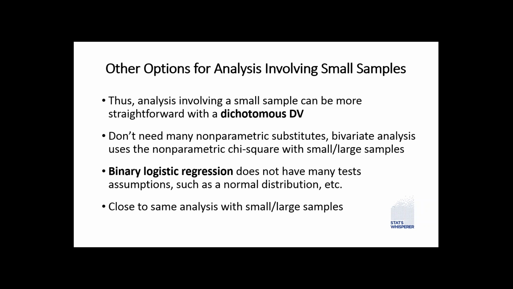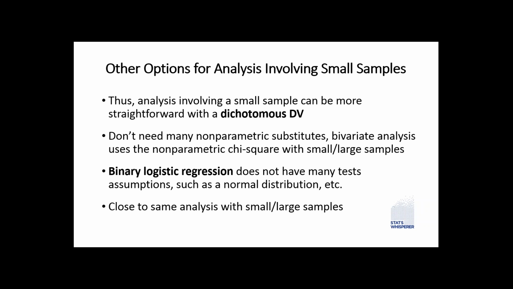So in other words, to sum it up, when you have a small sample or a large sample with a dichotomous variable, the analysis matches pretty well. It's almost the same analysis. It involves chi-squares and binary logistic regression. So that's another thing to consider.